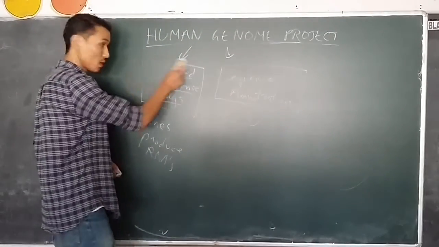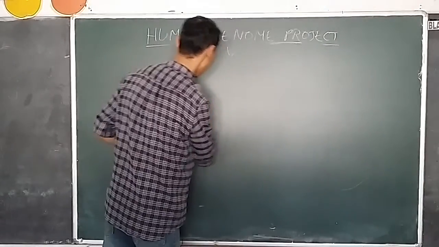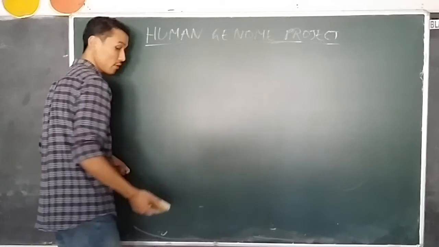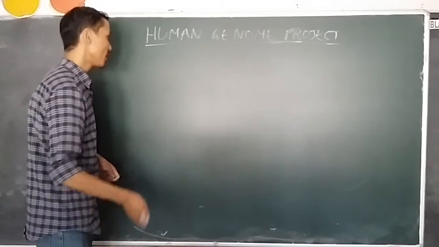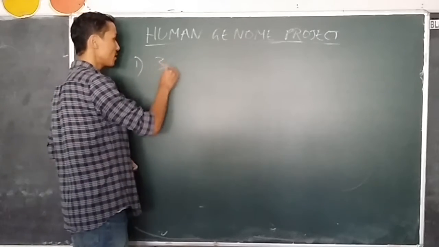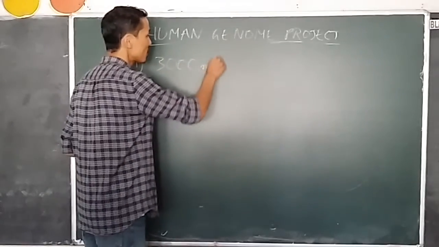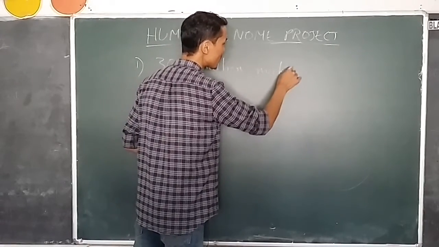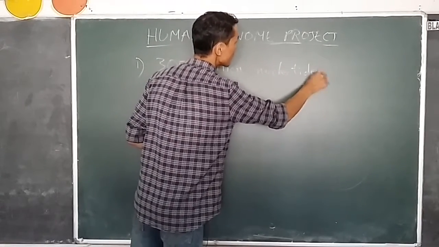Due to this, quite important information was obtained. The first one is that the entire human genome has more than 3,000 million nucleotides.